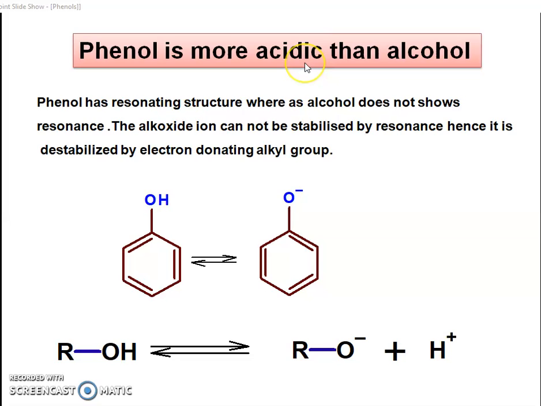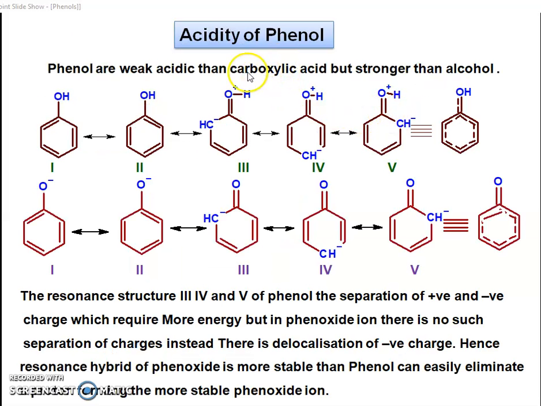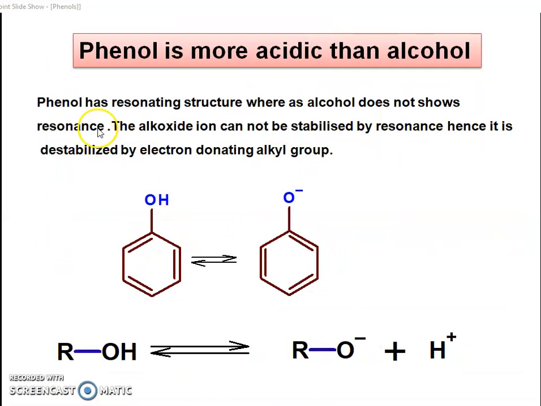Then the next explanation: phenol is more acidic than alcohol. The first explanation we have seen is here: phenols are weaker acids than carboxylic acids. In phenols we have seen the resonating structures, whereas alcohol does not show resonance structures.